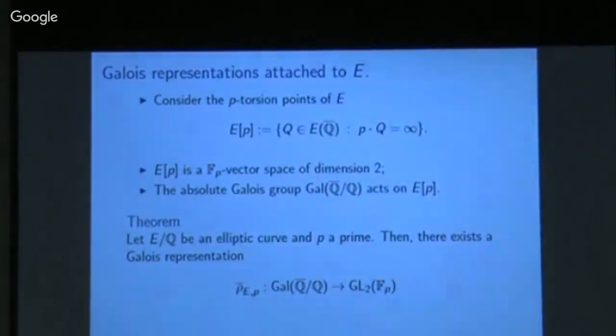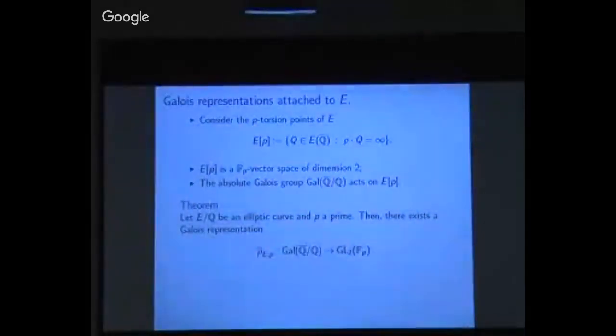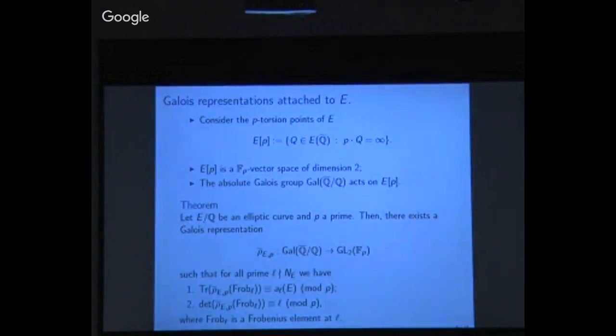So if we take an elliptic curve over Q and P a prime, then putting this together, we get a Galois representation. It goes from the absolute Galois group into GL_2 of F_P, because this is a dimension 2 vector space. This is called the mod P Galois representation attached to E. This Galois representation has the following properties.